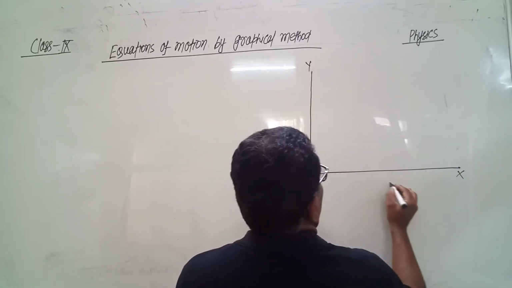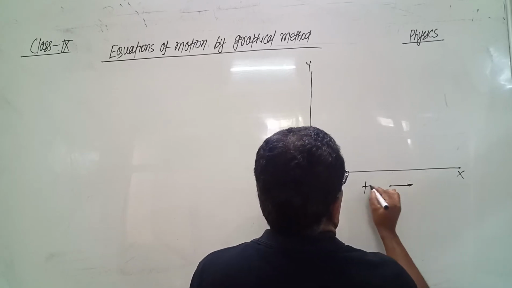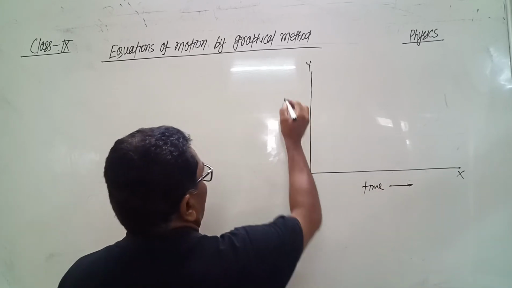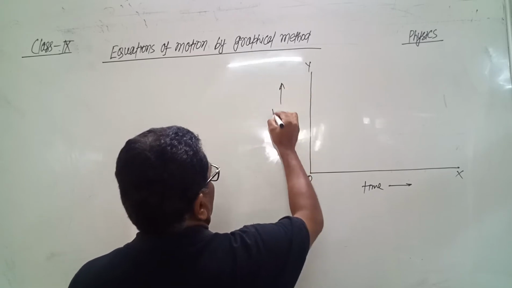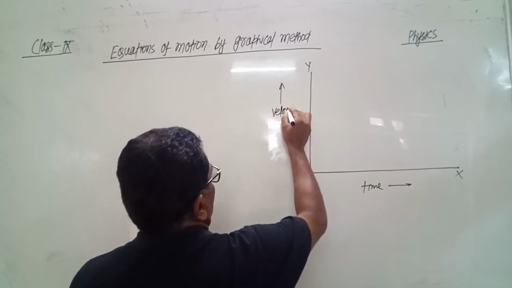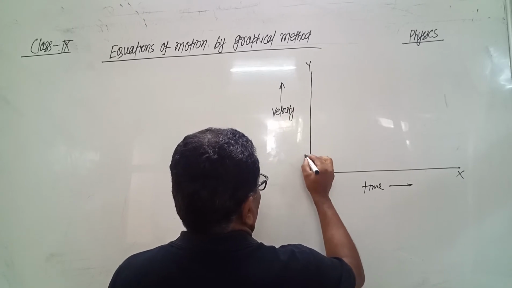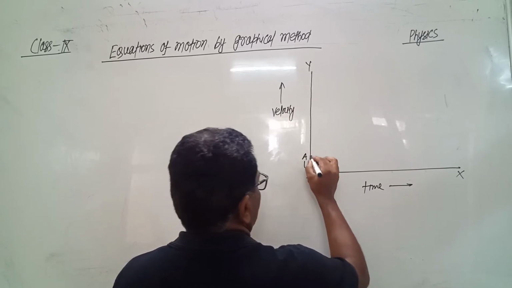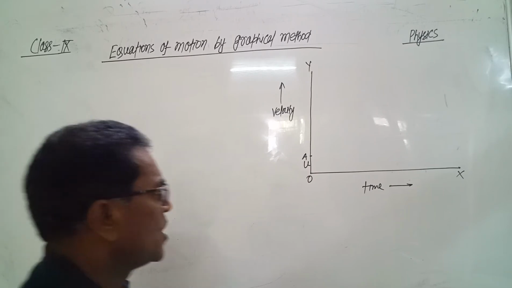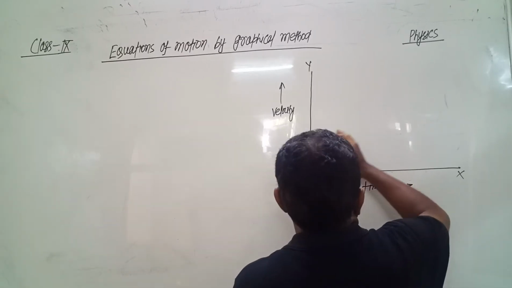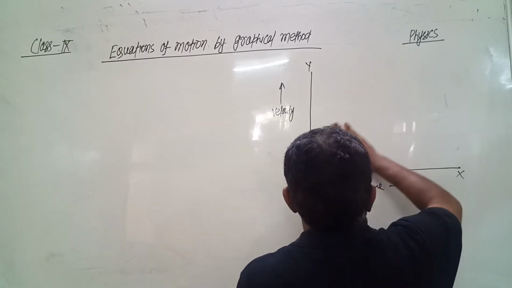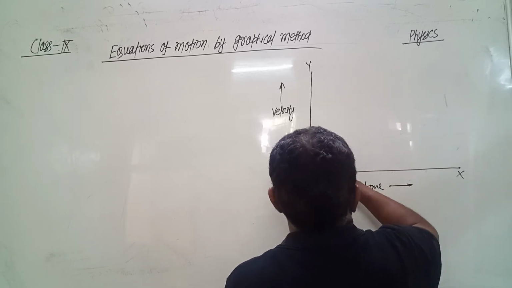Time is taken on the x-axis and velocity is taken on the y-axis. The body has initial velocity u at point A and it is moving with uniform acceleration.